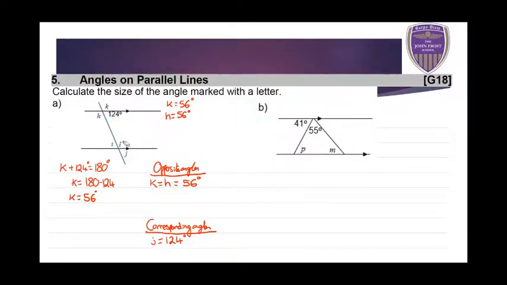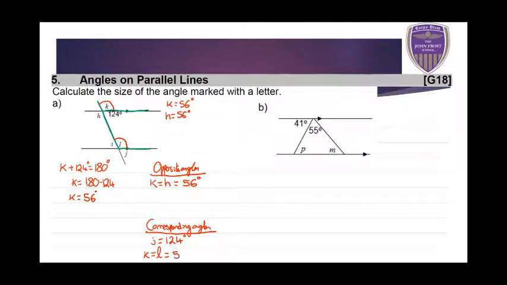And while we're on the topic of corresponding angles, it's not obvious at first, but if you imagine an upside down F now, so I'm going to use green now, if we imagine there's an upside down F going like this, now we can see that the angle K is in a corresponding nook to the angle L. So that means that K is equal to L, and we know that K is 56 degrees.